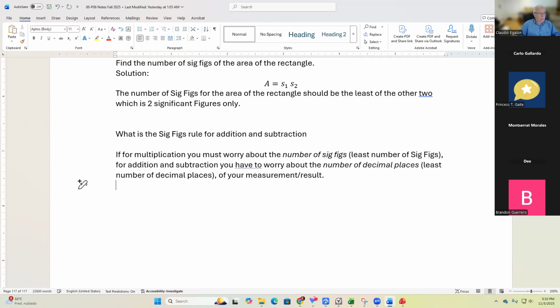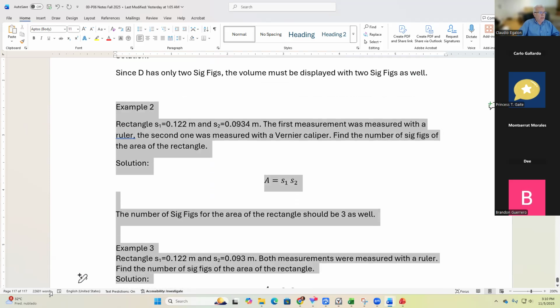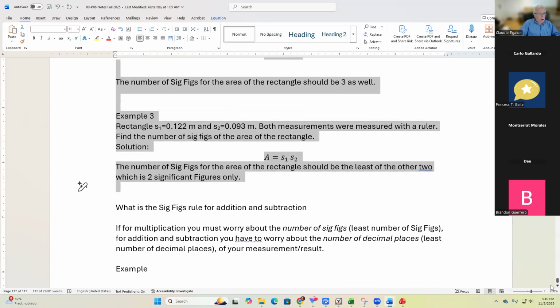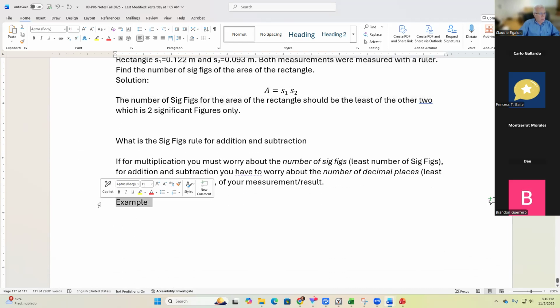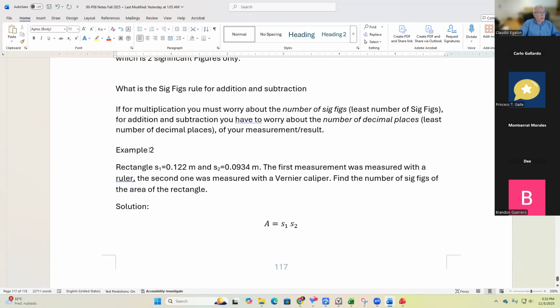Example. Let's come up with an example. I'm going to use exactly the same example that I had here for the rectangle, but with a different result. Here you go. Example number 4 and 5, right? This one is going to be example number 5. This one here is going to be example number 4.